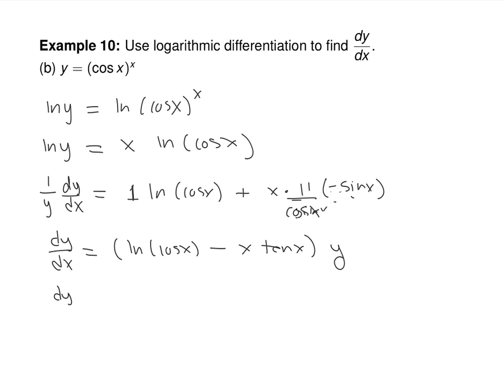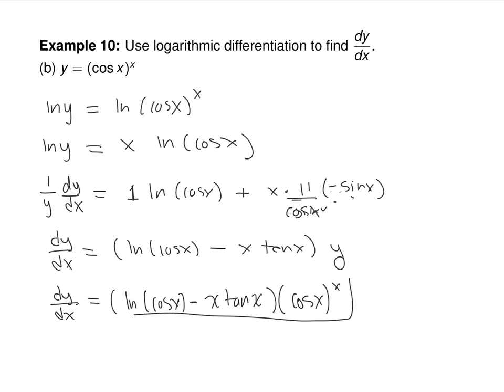So dy dx is natural log of cosine x minus x tan x times cosine of x to the x power. So on that one, you actually have to use the log diff thing or it won't work. There's no other way.